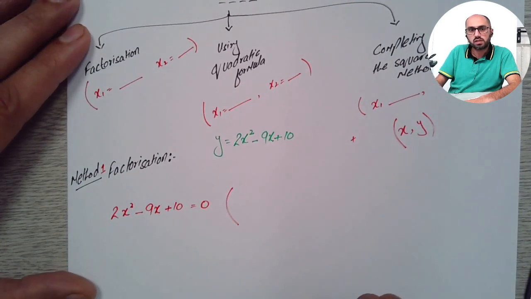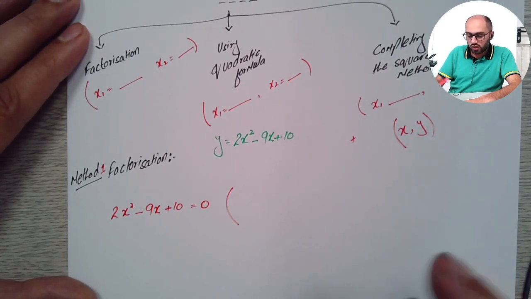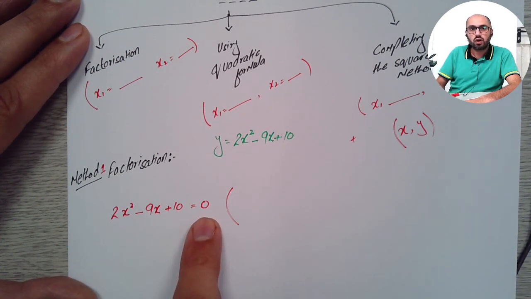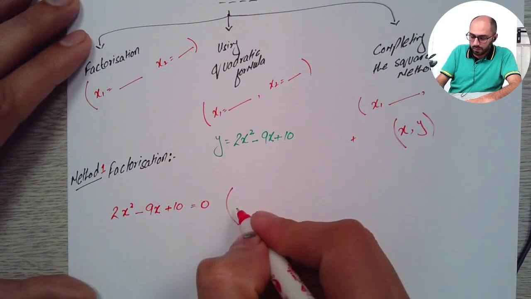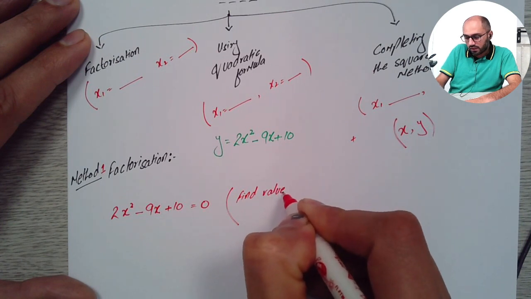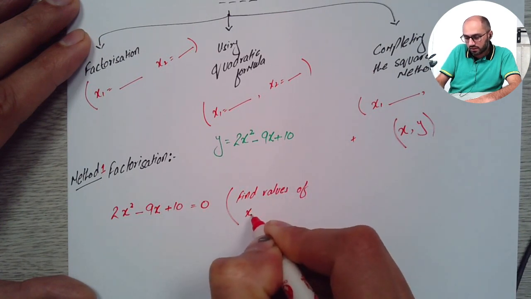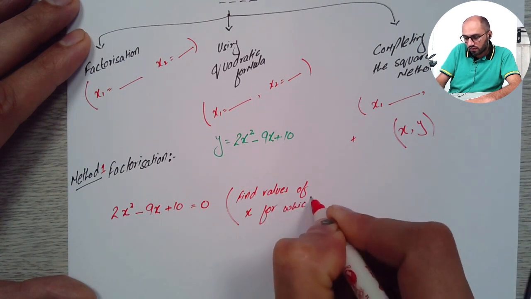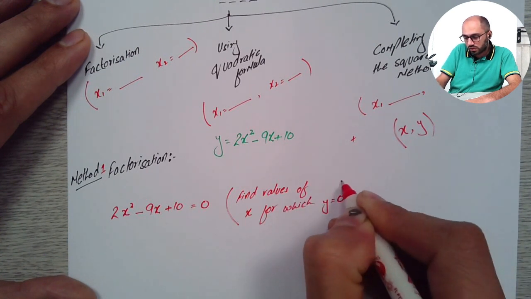What does this mean? This means the question is asking us to find the values of x for which y has a value of 0, because I replaced y with 0 here. So find values of x for which y equals 0.